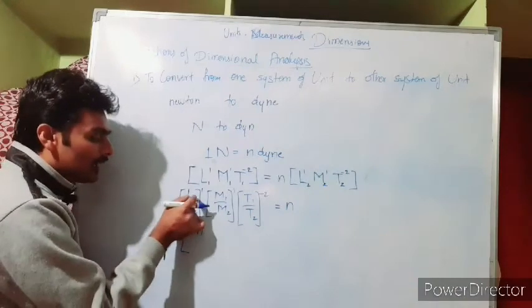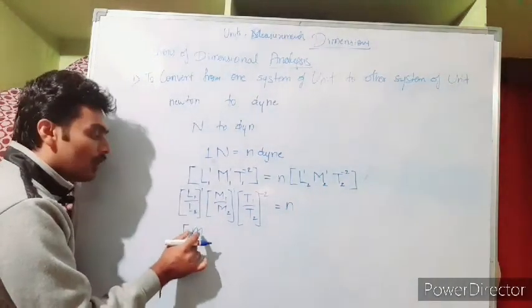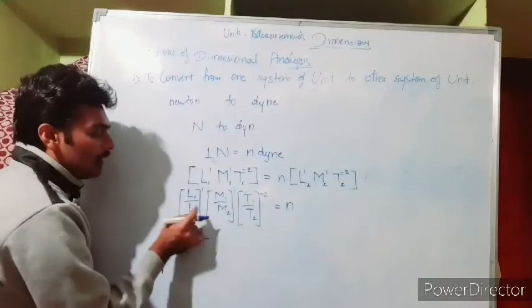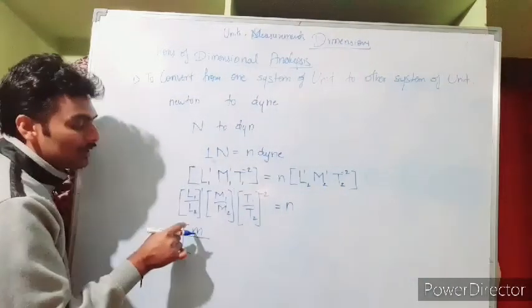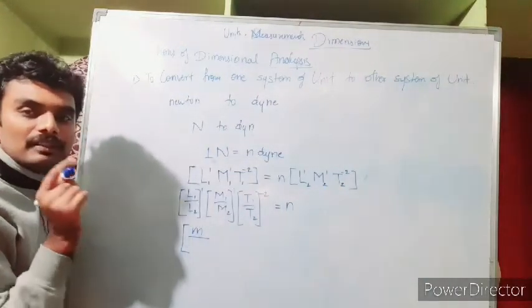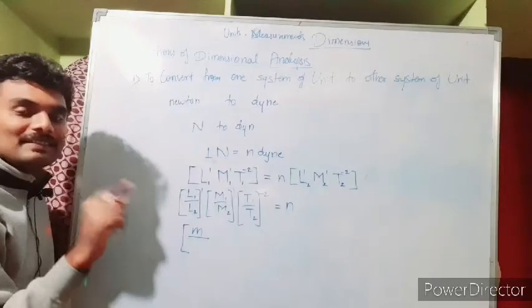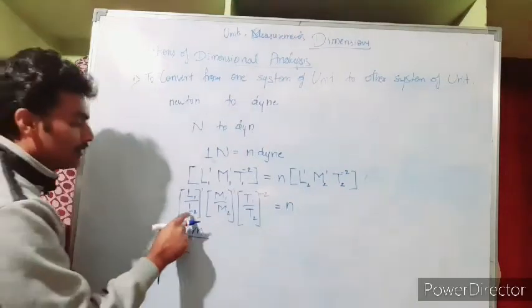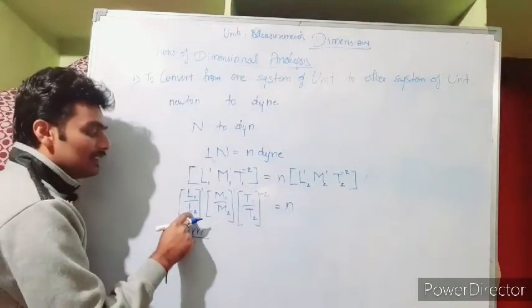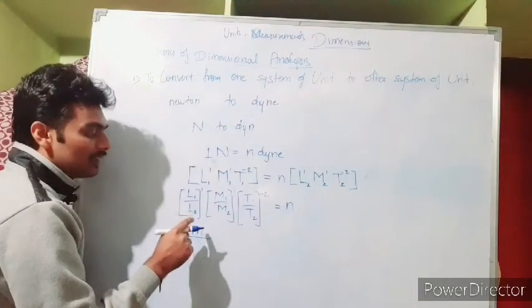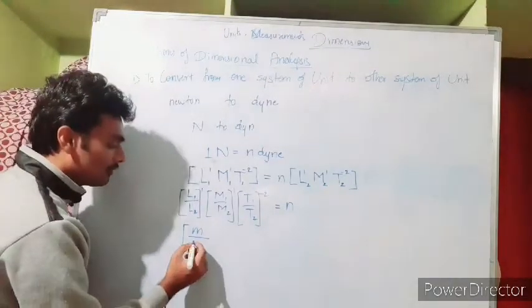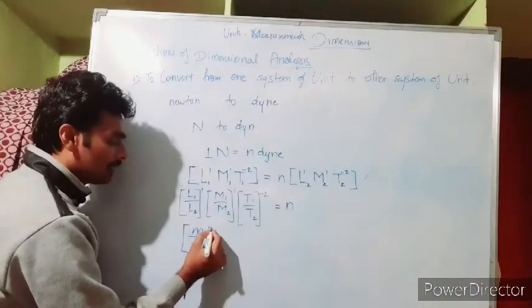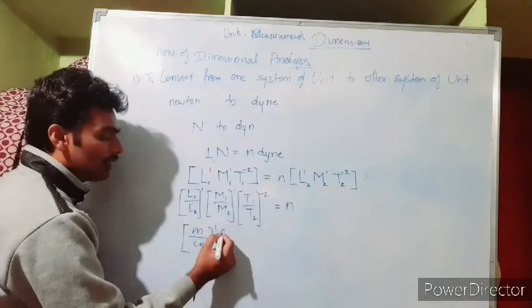So instead of L1, I'll now write small m, meter. And what is L2? L2 is the dimension of length considered for CGS system. The unit of length in CGS system is centimeter, right? Whole raised to 1.